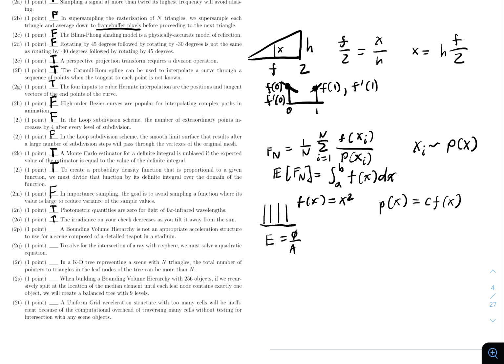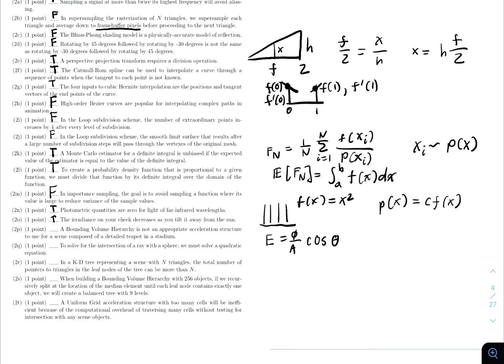And the irradiance will in fact be given by a cosine theta factor as the surface tilts away from the sun. So when theta is equal to 90 degrees, the irradiance on the surface will fall to 0.